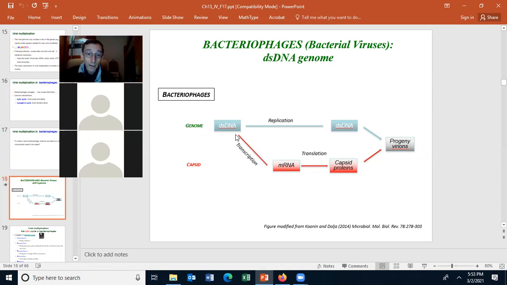We need to then transcribe the viral genome to get viral messenger RNA, and then translate the viral messenger RNA to get viral capsid proteins. And then the capsid proteins have to get together with the viral genome to make the new progeny virions. So this is what all viruses need to replicate themselves. They need to replicate their genome, they need to make their capsid proteins, the capsid proteins need to get together with their viral genome, regardless of what the viral genome is.